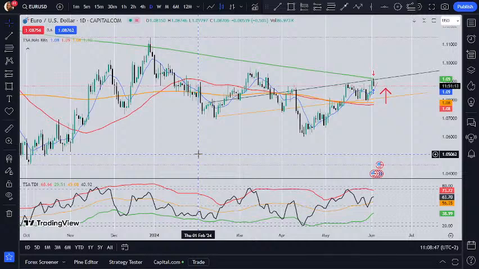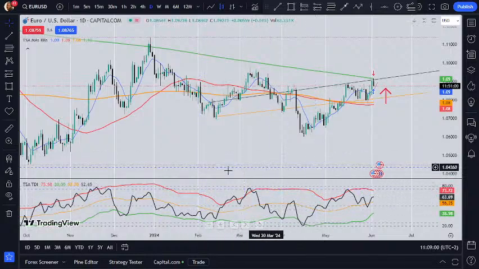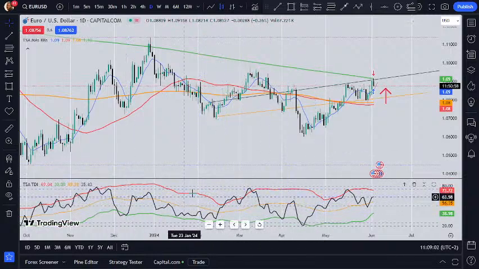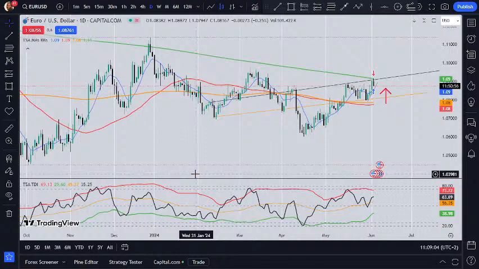So you have more than one trading strategy. You have people who trade with the trend line, and you have what you're seeing down here, the TDI. It's a shark fin, according to Derek.